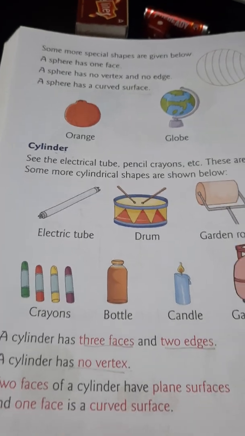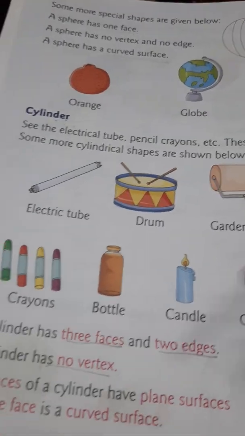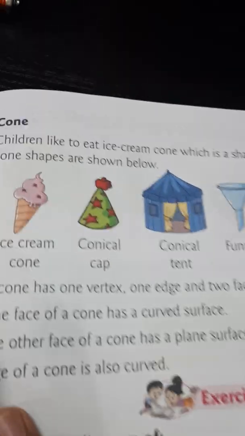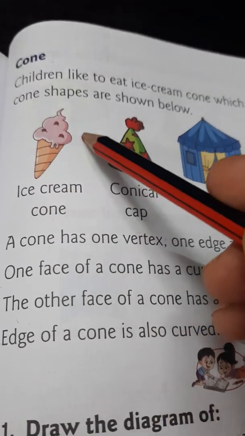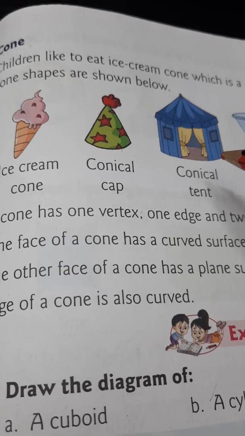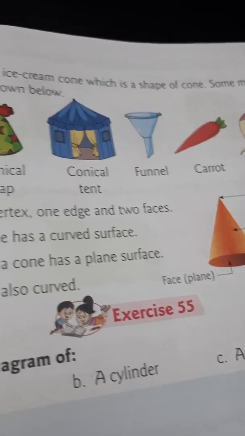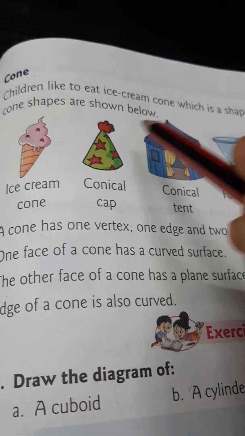Now we will go to another shape, that is cone. So children, you all have seen ice cream cone, conical cap, then you have also seen tent, funnel, carrot, turnip. All these are conical in shape.